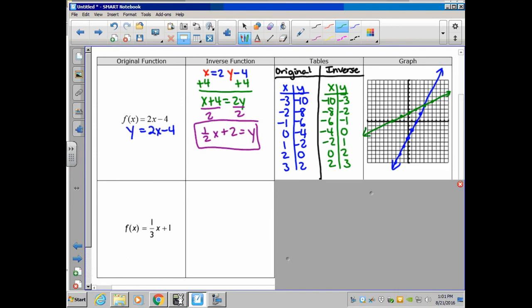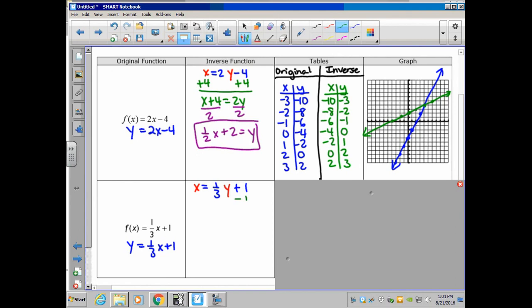Let's try one more. Here again I have function notation, so I want to change that to y equals 1/3 x plus 1. It means the same thing. I'm going to switch my x and my y, and solve for y.